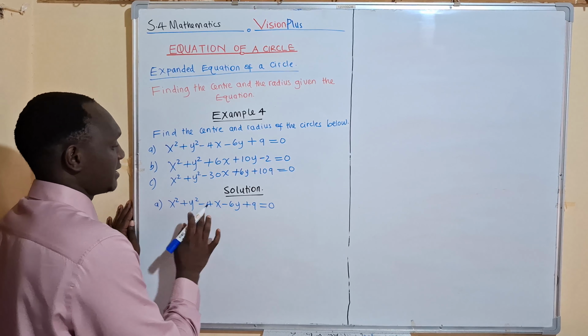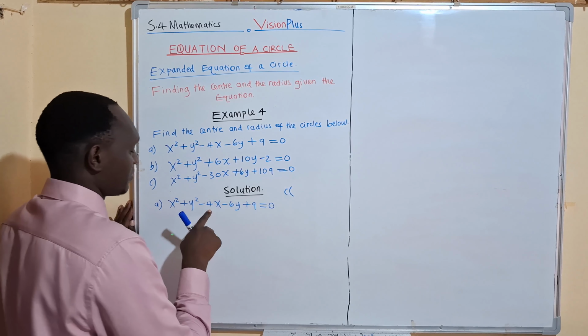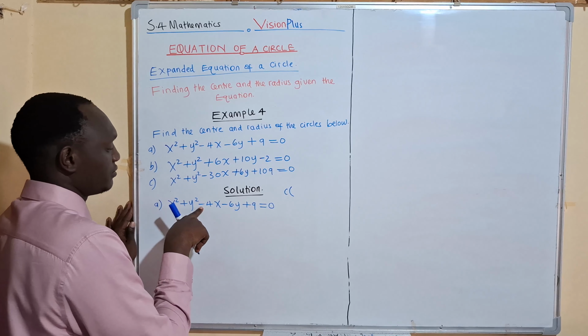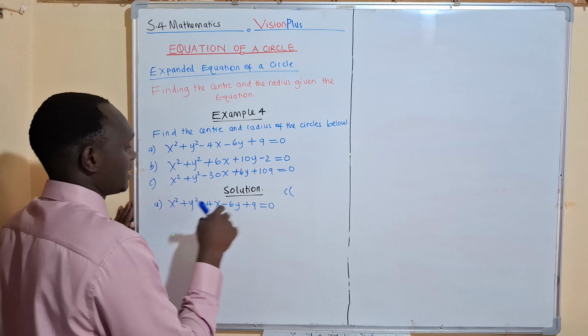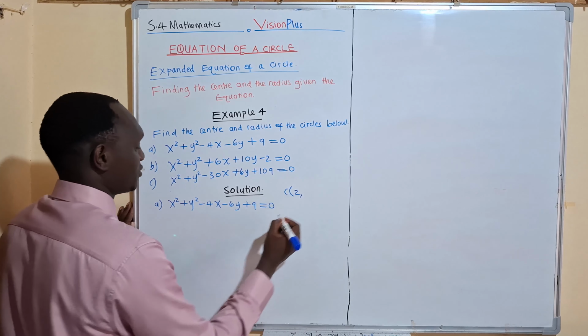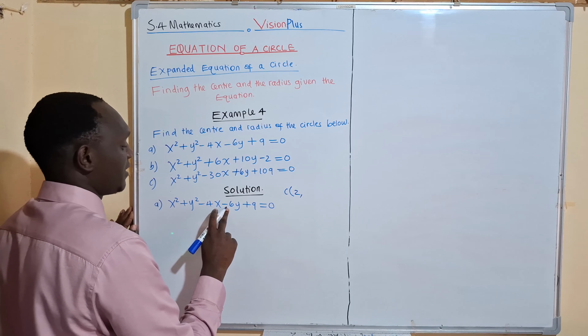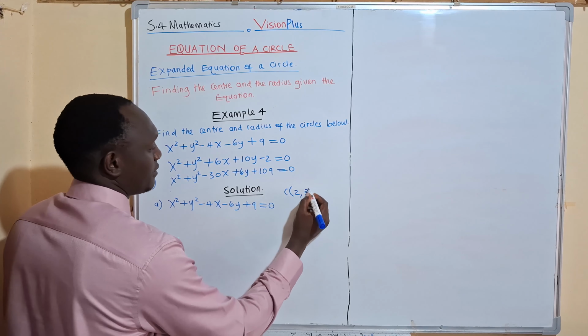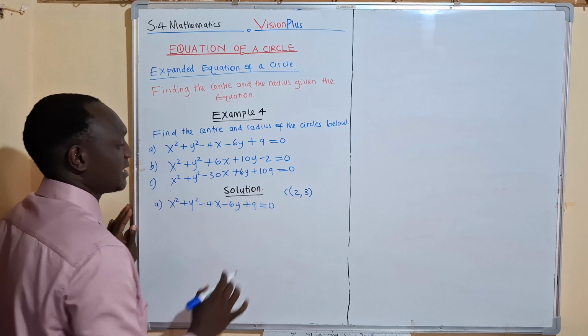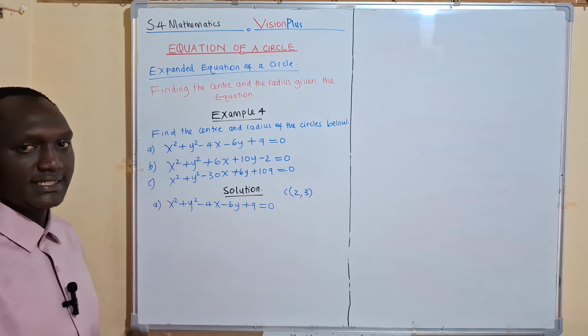Just by assessment, you change the sign here, since it is minus it becomes plus, then divide by 2, which gives us 2. The same applies here, make it plus, then divide by 2, it gives us 3. So we must get these as the coordinates of the center.